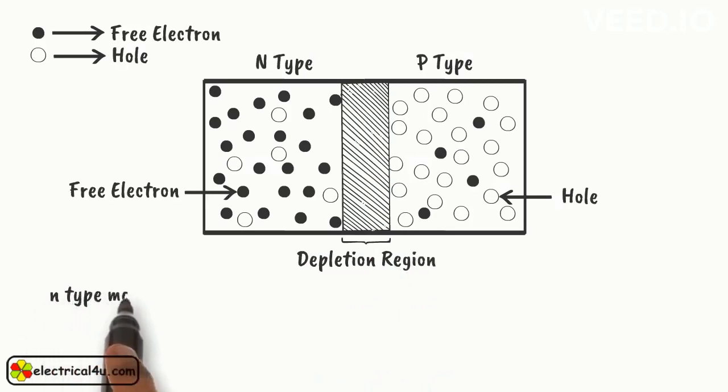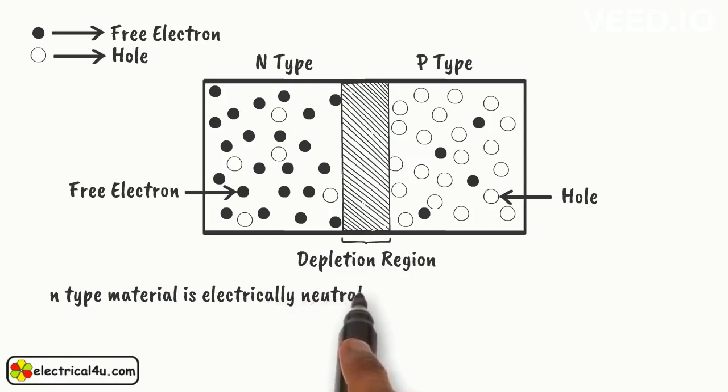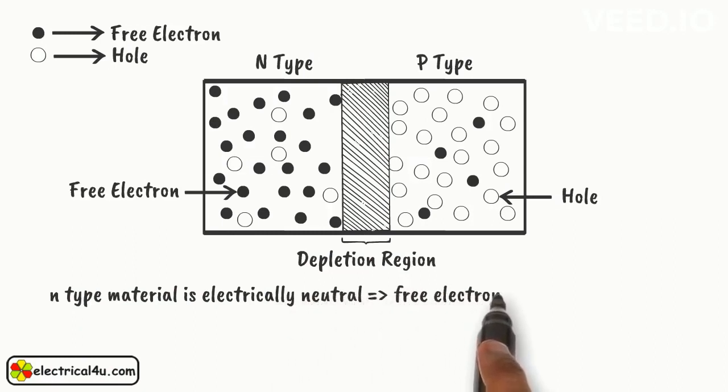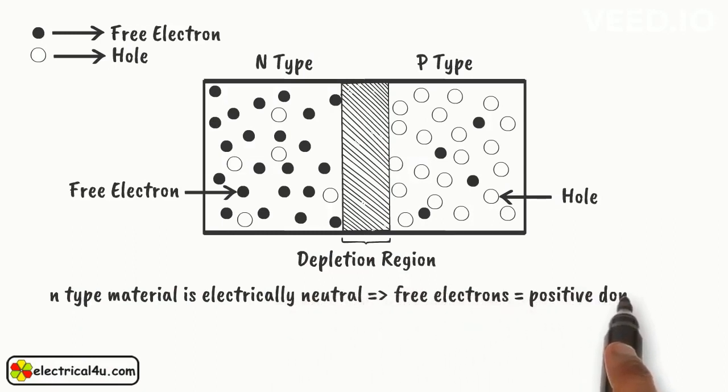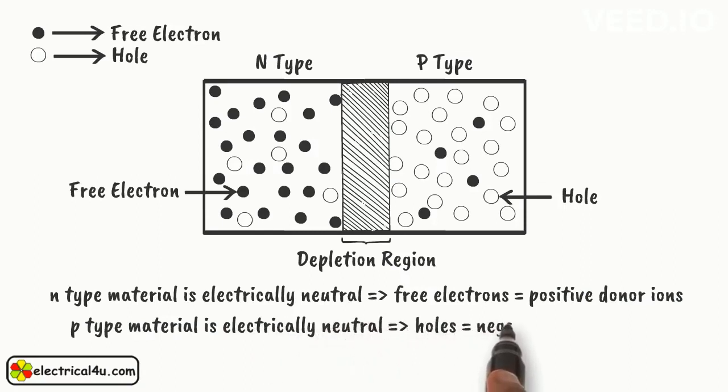We know that an N-type material is electrically neutral because the number of free electrons and positive donor ions are the same in an isolated N-type material. Similarly, a P-type material is electrically neutral because the number of holes and negative acceptor ions are the same in an isolated P-type material.